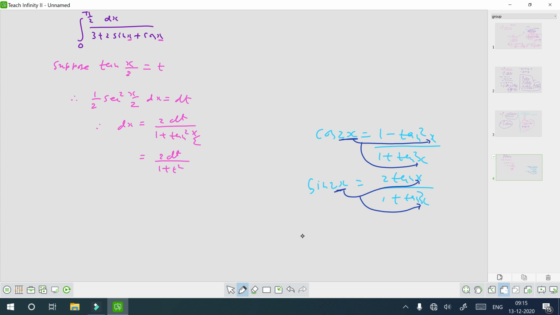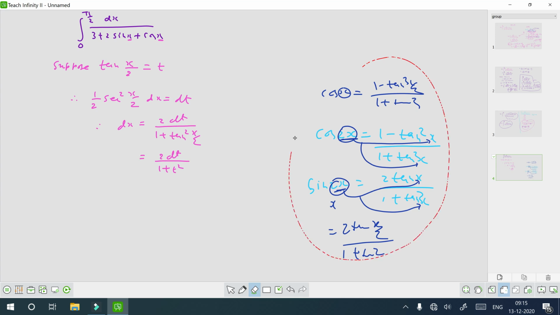Clear? So if we wish to make a formula of cos x, then take half of this one. 1 minus tan square x by 2 over 1 plus tan square x by 2. In case of sin x, 2 tan x by 2 over 1 plus tan square x by 2. Clear? So use this pattern here.